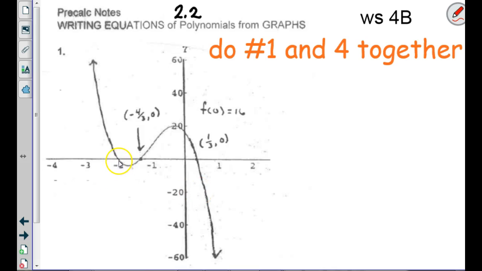And it's showing us zeros at -2, at -4/3, and at +1/3. And it's telling us up here another point exists at 0, 16. So we have to write an equation for this. Can anybody start me out?